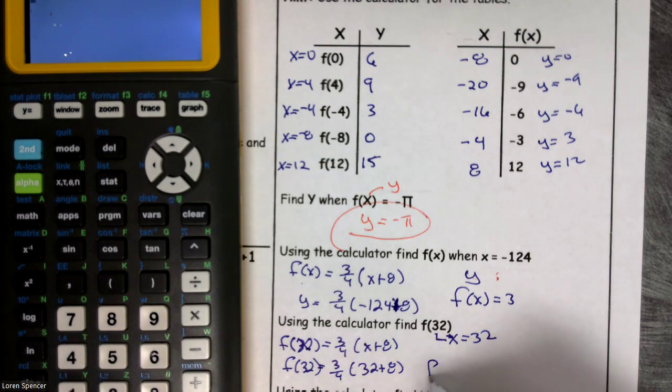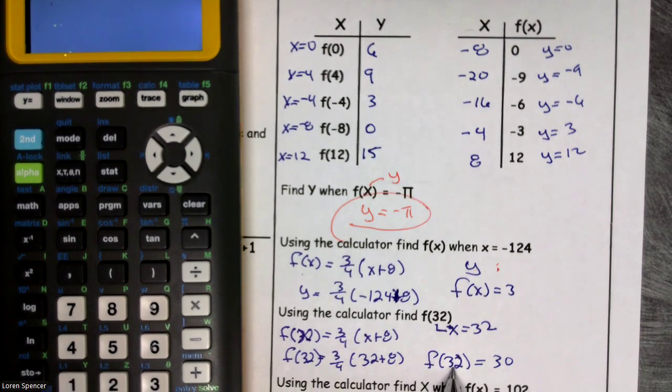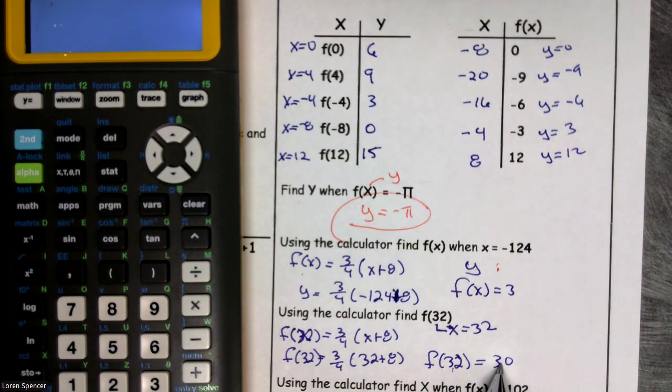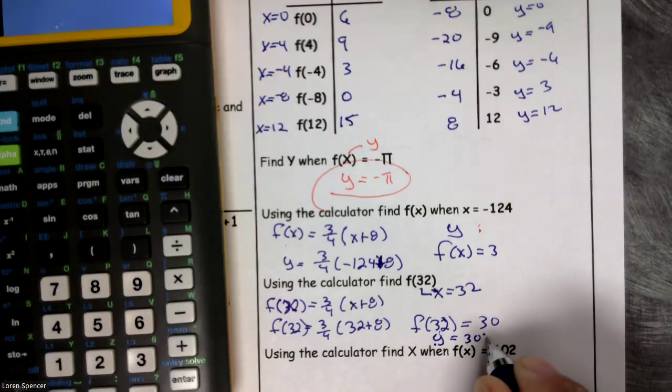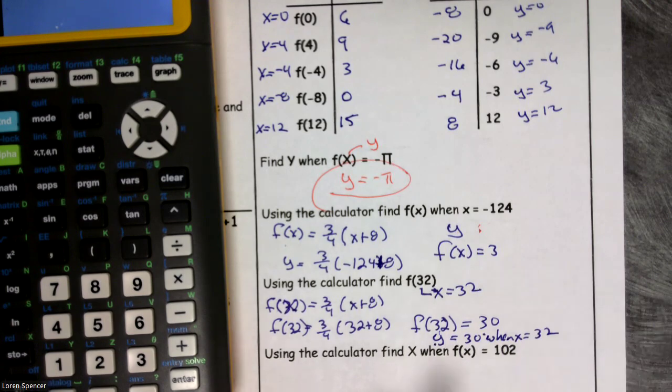So f of 32 equals 30. So in other words, y equals 30 when x equals 32. So I'm going to write y equals 30 when x equals 32.